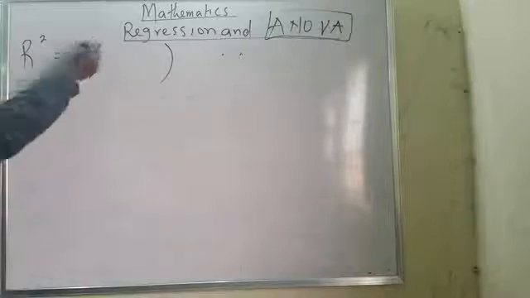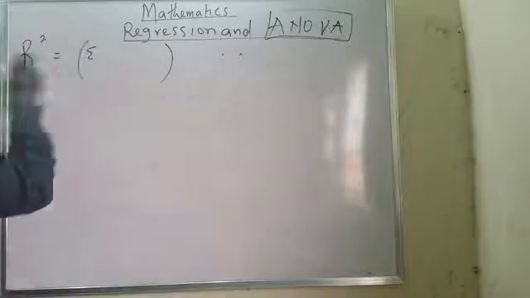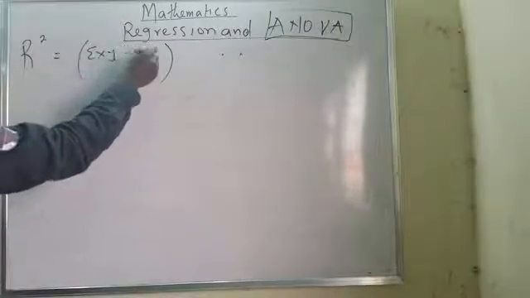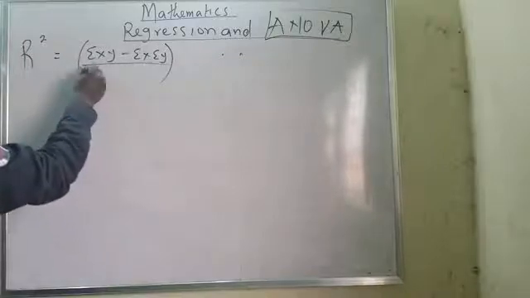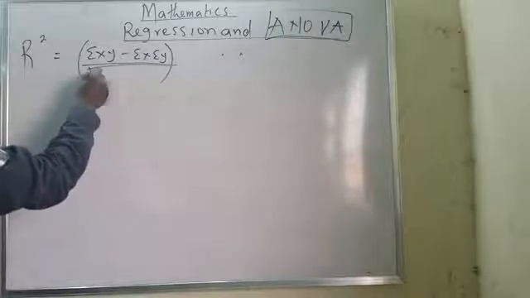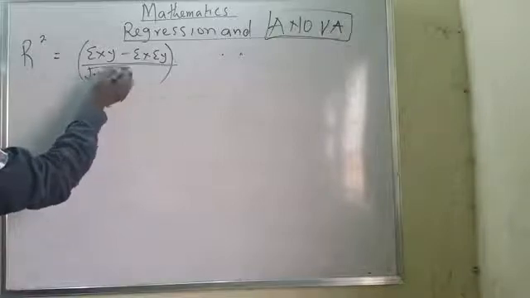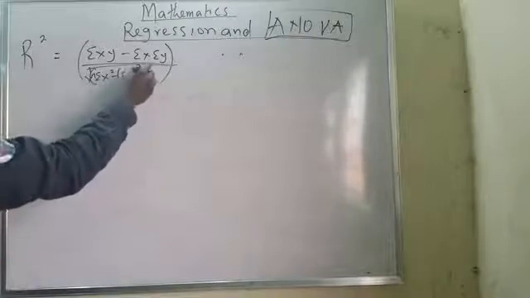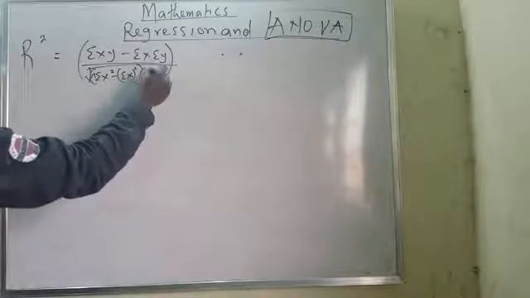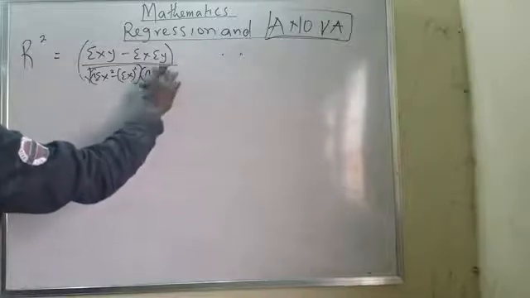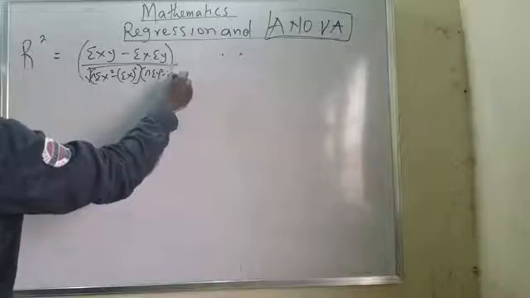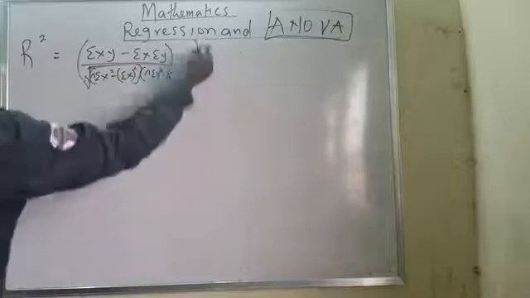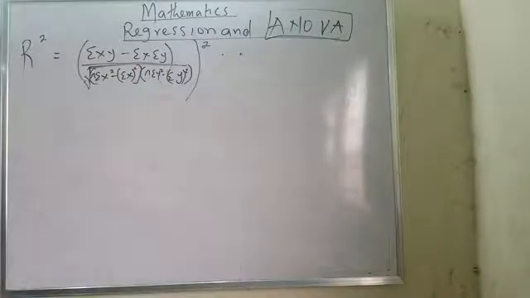The R is the summation of xy minus summation of x, summation of y, divided by the root of n summation of x squared minus (summation of x) squared, times n summation of y squared minus (summation of y) squared. When you have the root like this and you square the result, that becomes your R squared.